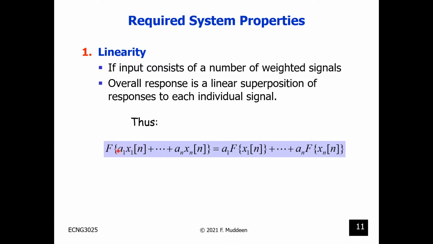So each scalar instance of x1, x2, and x3 and so forth, we can just shift those scalar quantities a1, a2, and a3 to the outside of these f of x1 and f of x2 signals and so forth.